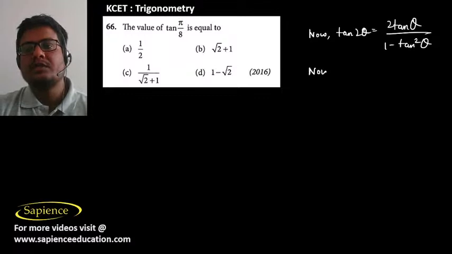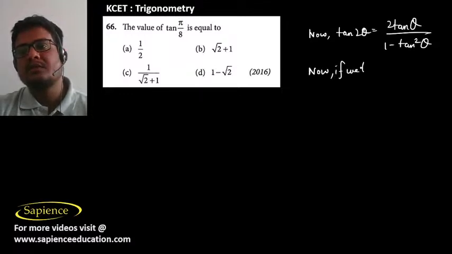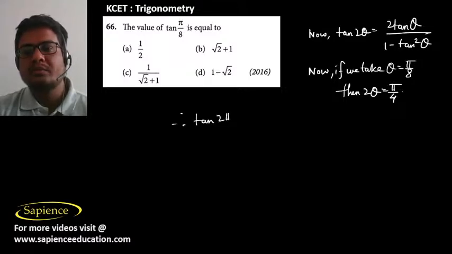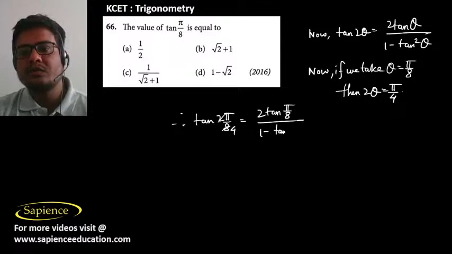So if we take this theta equal to pi by 8, then 2 theta will obviously be pi by 4. Therefore tan 2 times pi by 8, which is tan pi by 4, is equal to 2 tan pi by 8 divided by 1 minus tan square pi by 8.